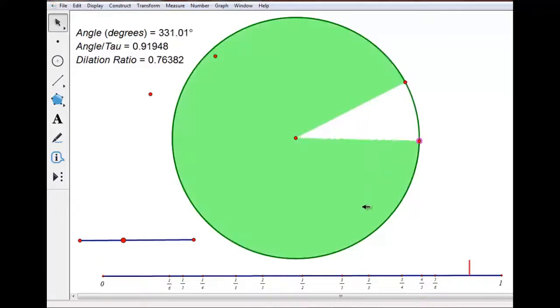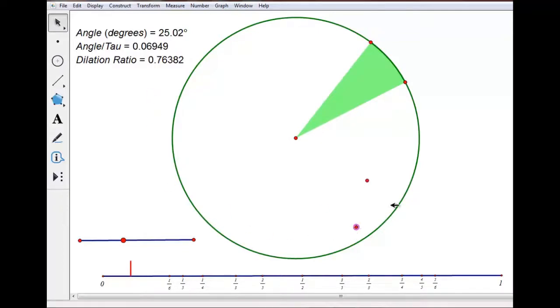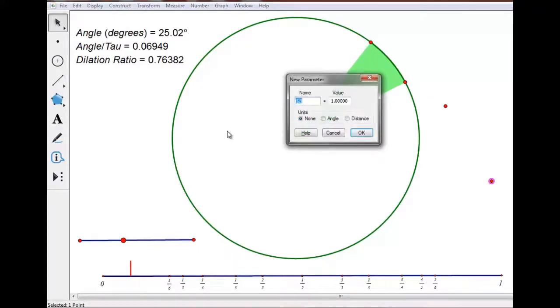Next, we try iterating this transformation. That is, whatever rotation and dilation was done to the first point, the same will be done to the second point to make a third point. And we'll iterate this 600 times.